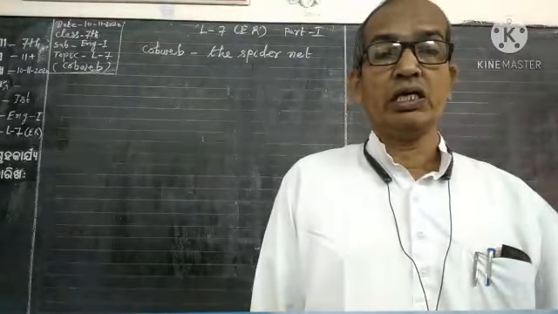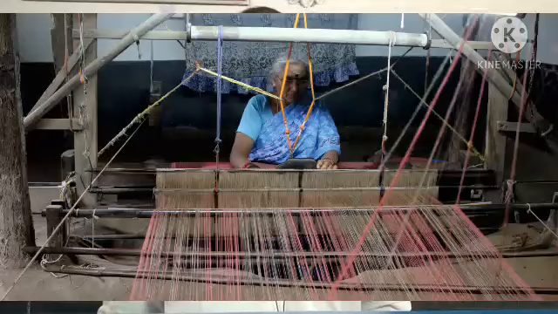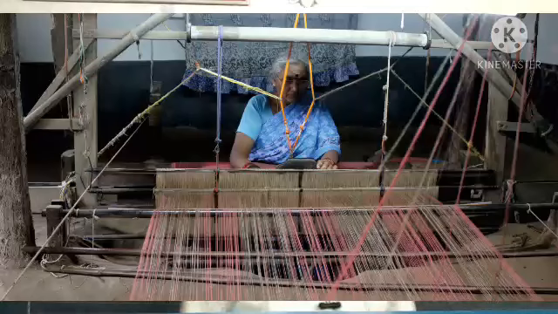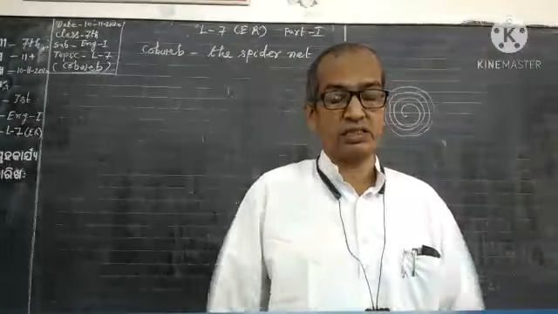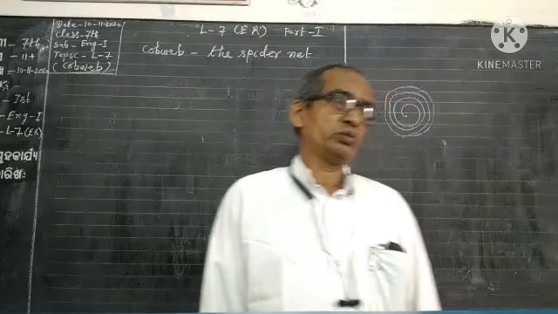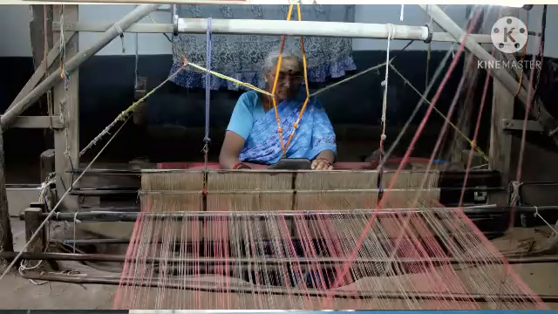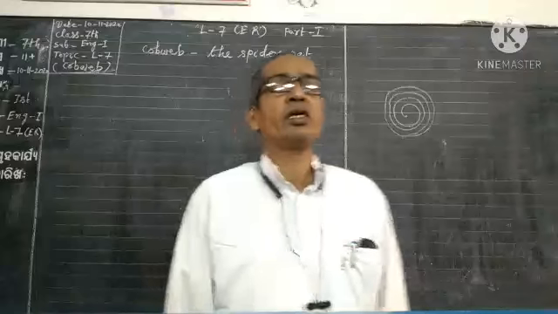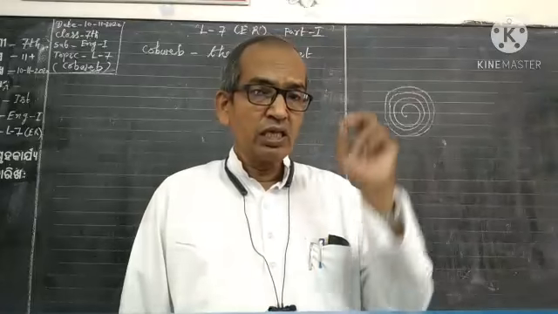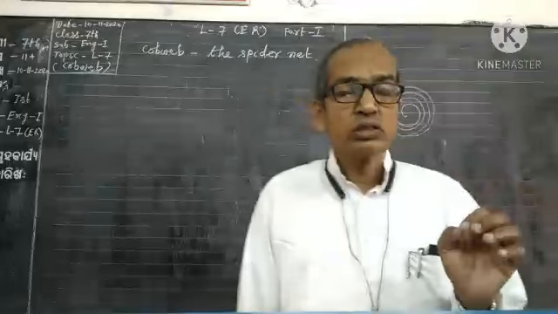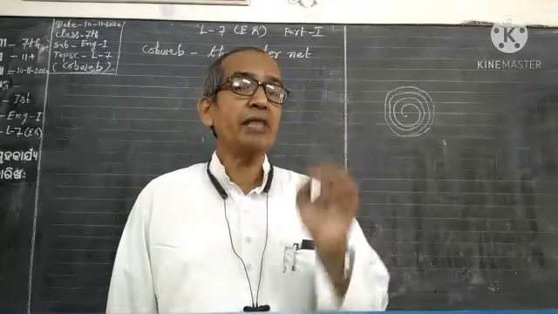Weavers. Have you seen the weaver's worksite? Worksite means the workplace where the weavers do their work. That place is called worksite. If we go to a weaver's worksite, we can find some unfinished clothes. That means they are not completed. So here, when a cloth is not completed, it looks just like the spider's net.